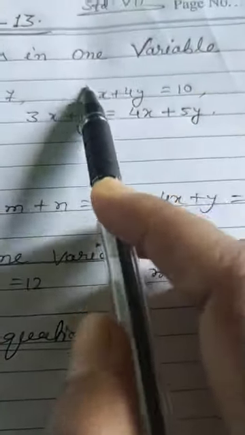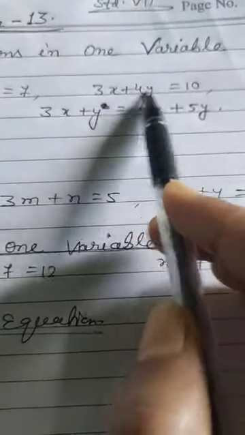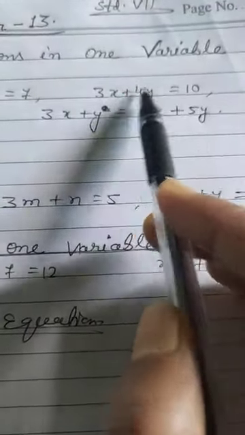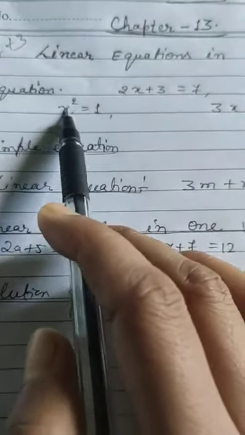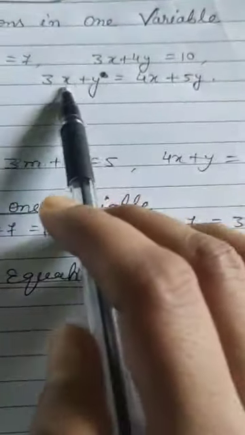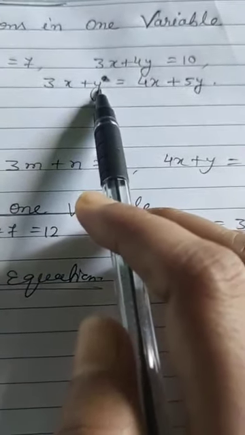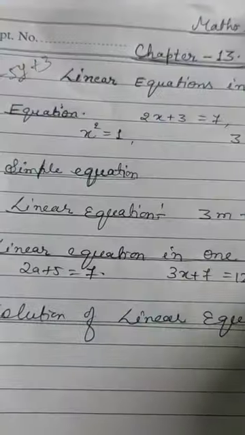Similarly here also, on this side one expression, on this side another, and there is a sign of equality in between both expressions. If there is a sign of is equal to, it is called an equation, not an expression.